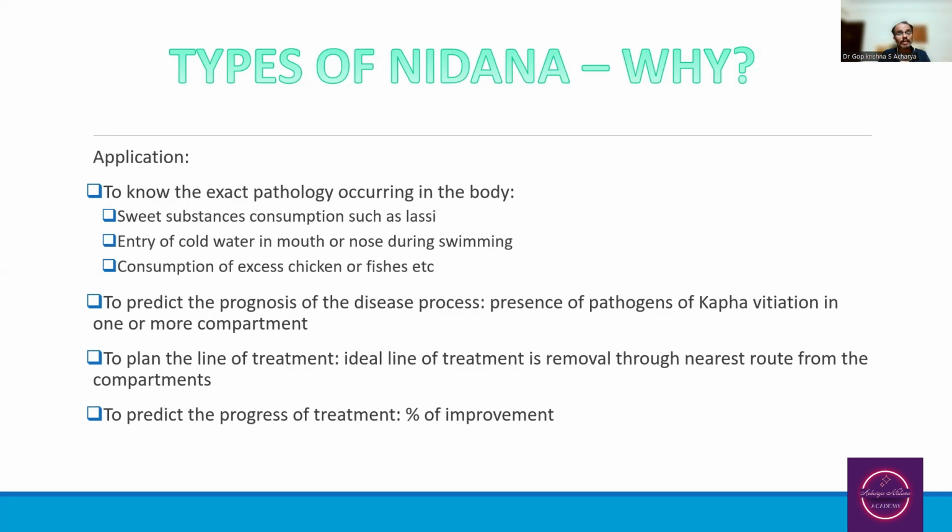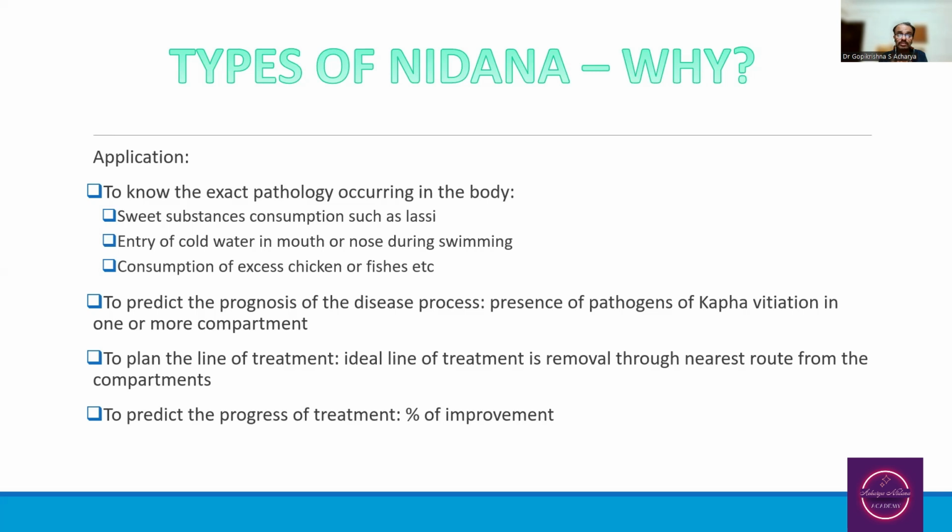In case of Kapha dominant disorders, Vamana or emesis therapy is preferred, to predict the progress of the treatment. What do we mean by progress of the treatment? That means the percentage of improvement. If you are giving any kind of treatment, it doesn't mean that all of a sudden the person will have 100% improvement.